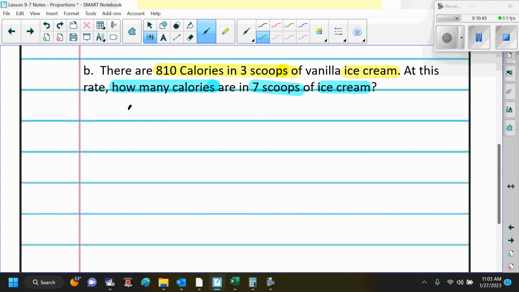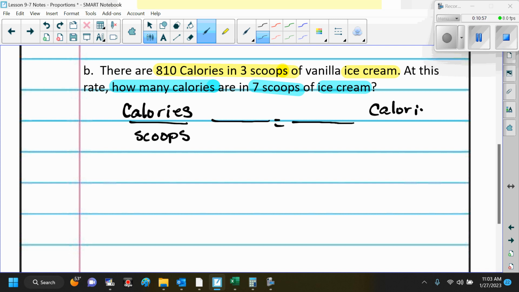So calories to scoops, right? Calories to scoops. And then we have calories to scoops, okay?